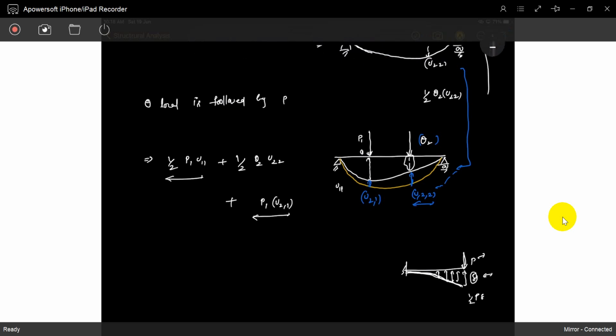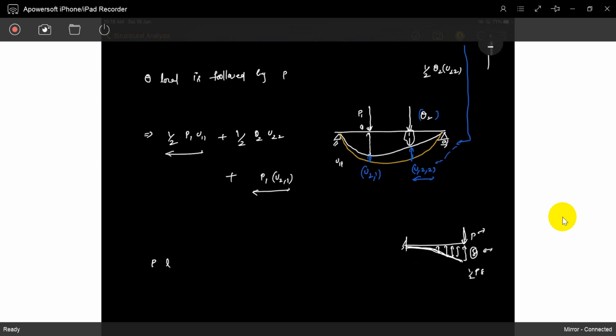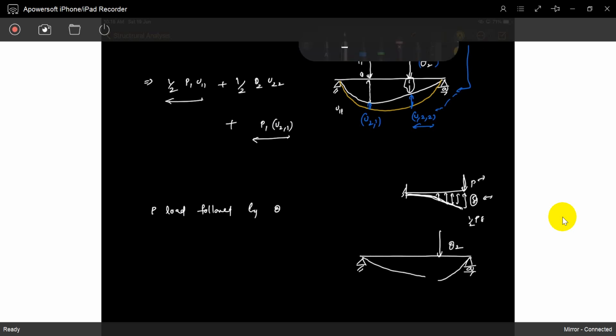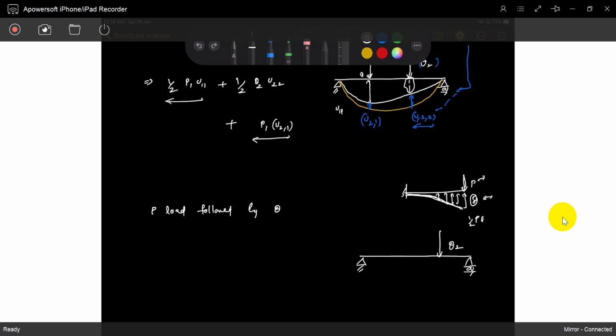Now the same situation, I will apply a P load followed by a Q. Same situation I will once again draw. First apply a Q load. So what will happen? That is Q2 into U22. So what is the work done?